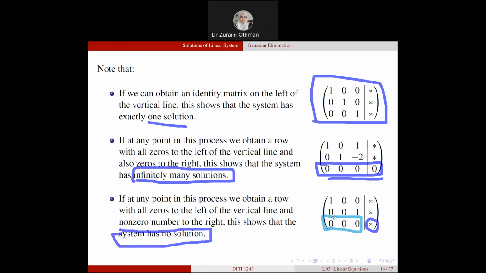If you find this pattern, we can conclude that there is no solution. For this pattern, there are infinitely many solutions. Or if we get this, we can conclude that there is one solution for this system.